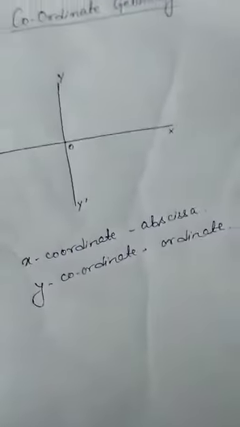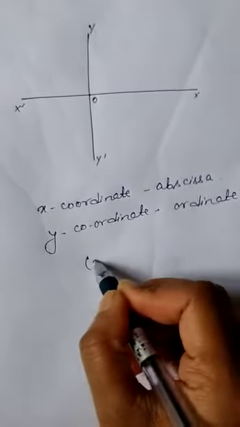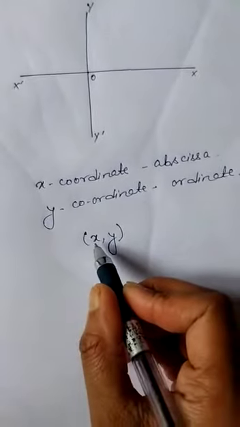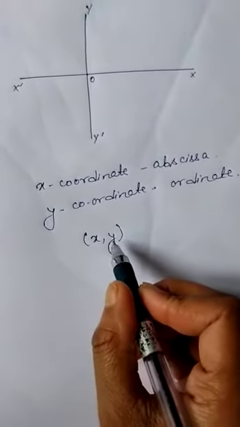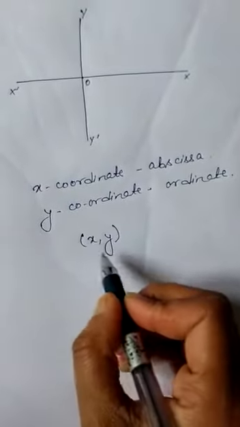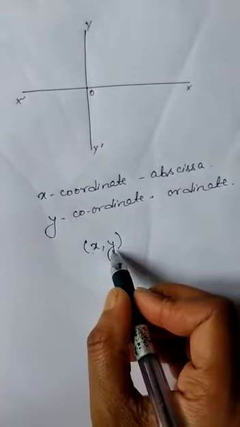There used to be two values, the x coordinate and the y coordinate. Like in the alphabet, x comes first, so we write x first, then y. Both together are known as coordinates, and individually they are known as abscissa and ordinate.